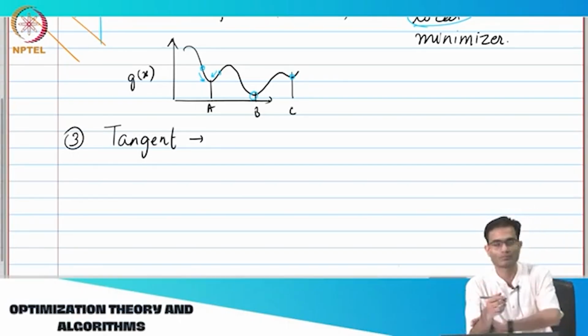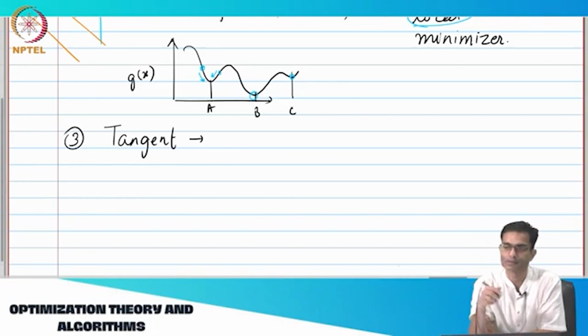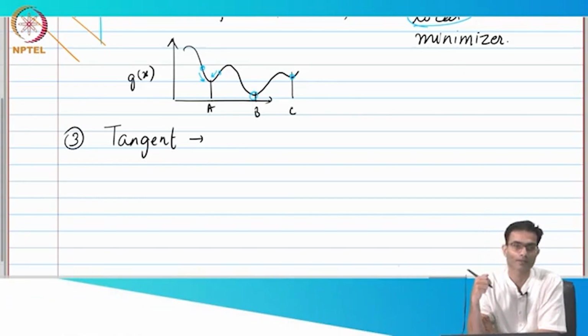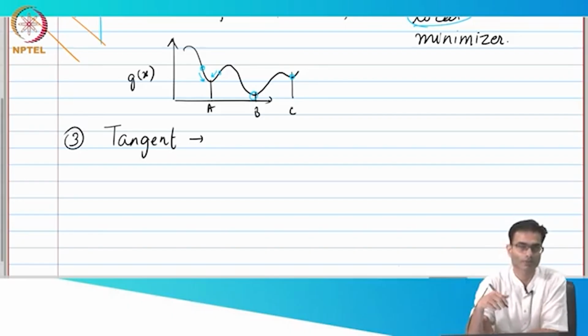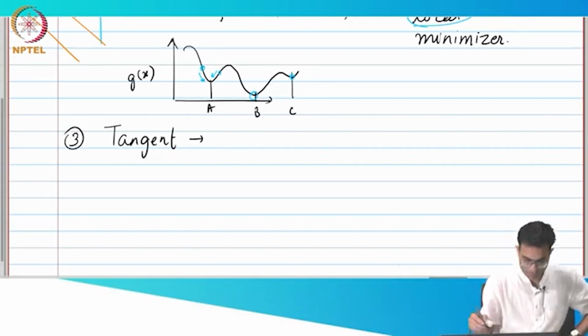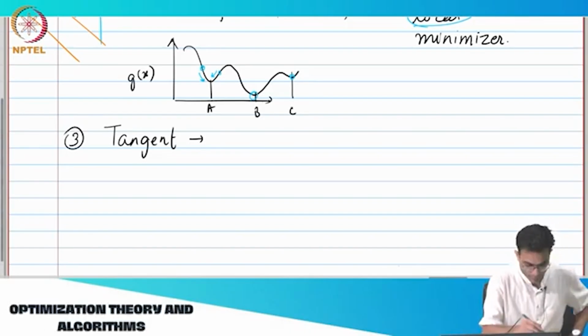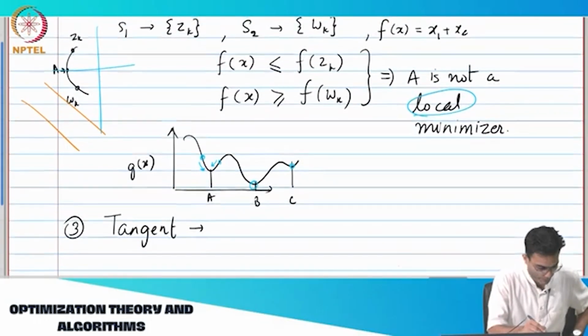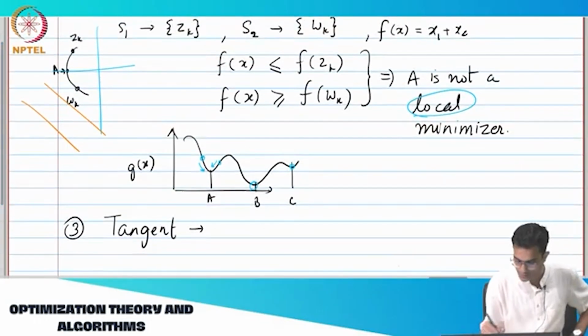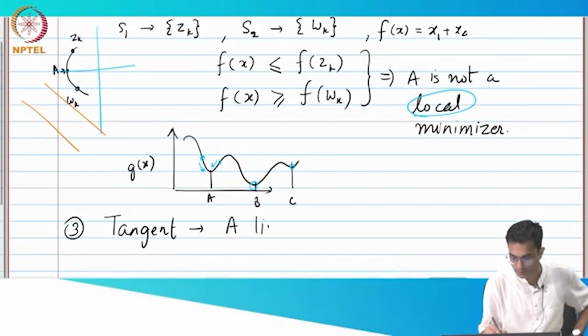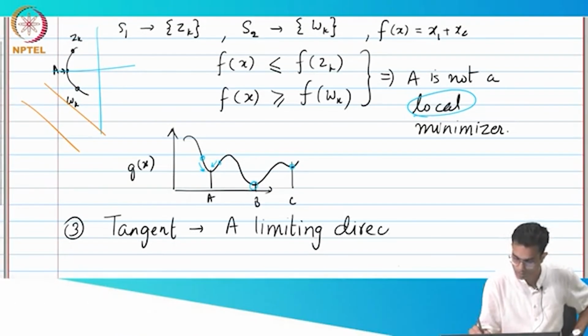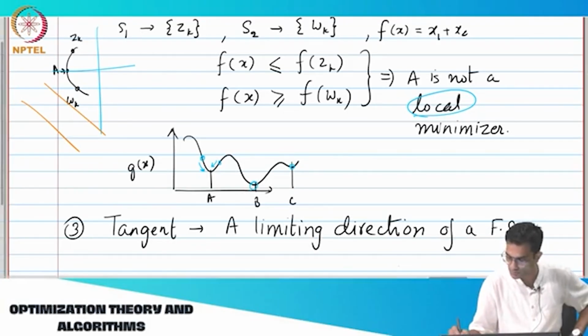We've been drawing tangents since class 9. Let's formalize this in a way derived from feasible sequences. So I have our diagram above over here. A tangent is simply, I can call it, a limiting direction of a feasible sequence.